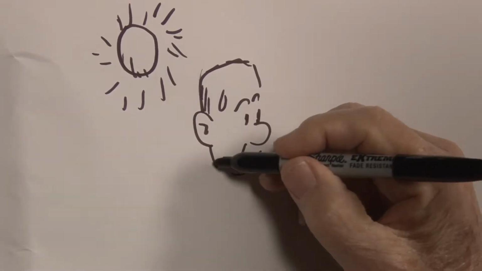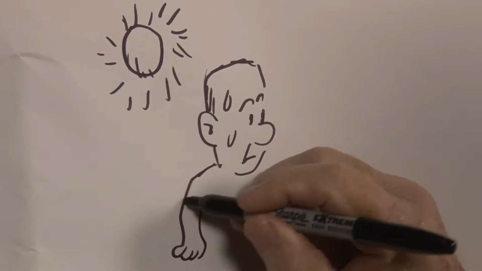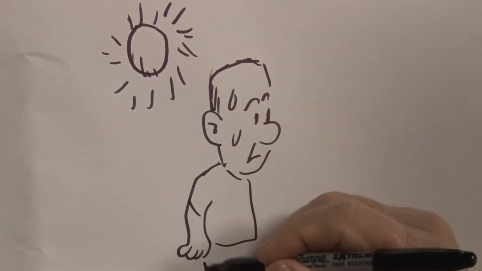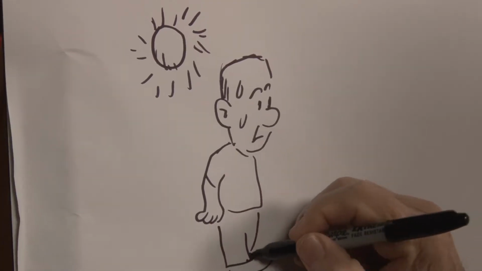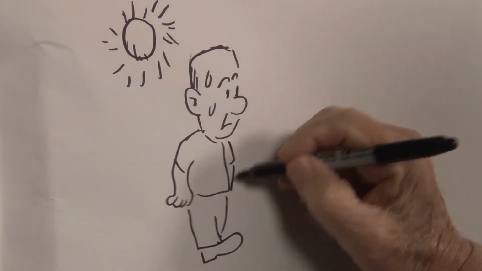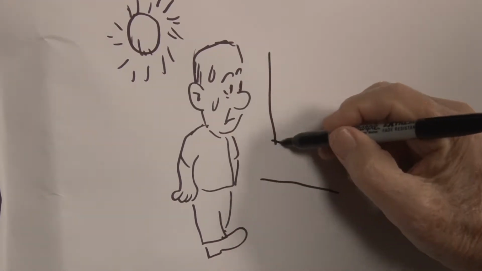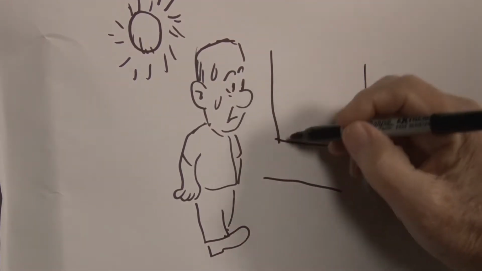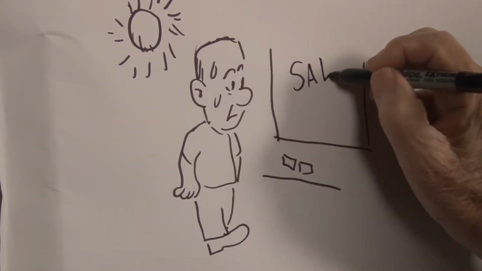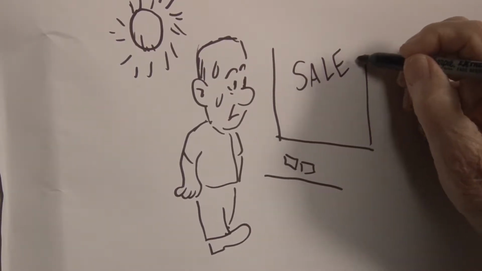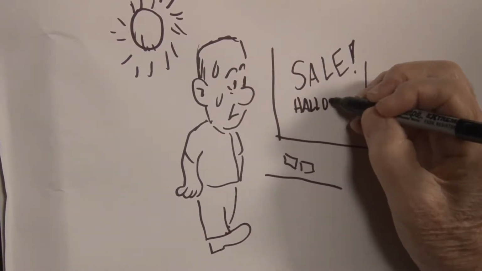Here I've got a fella who's really apparently suffering from the heat, and he's walking down the street and he sees something in the store window that sort of surprises him. It's a store that has a big sale going on. Sale on what? Halloween stuff.